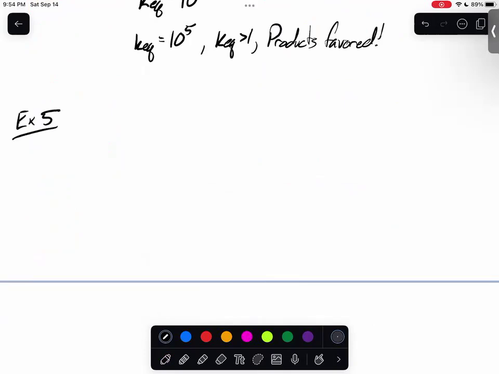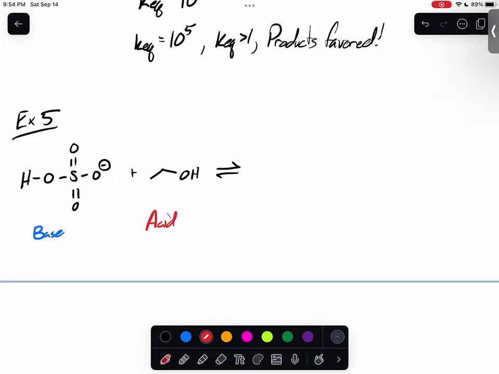All right. For example 5, let's say we were given this structure here and this alcohol. Oh, sorry, I almost started drawing out the products. So we have to predict the product of this reaction. And we see a negative charge. Negative charge tells us this is a base. That tells us that this must be an acid, and it does have that OH, which is an acidic proton.